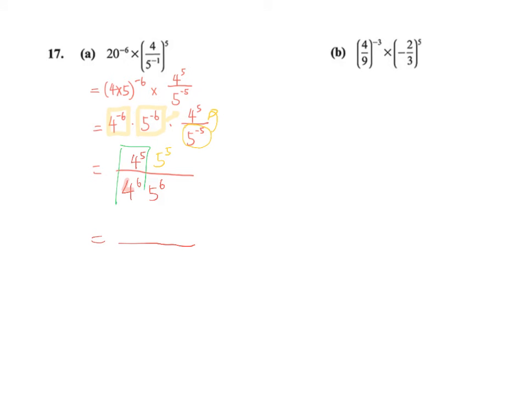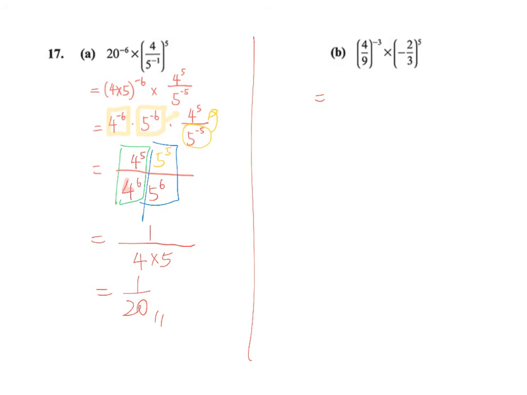These two have the same base, so I can simplify them. So I will have 4 remaining in the denominator and 5 remaining in the numerator. The numerator has nothing else, so it becomes 1. So the answer becomes 1 over 20. That is for question number 17a. You just make 20 into 4 times 5 and then put back the index, and for any negative index you swap the position. Then you will find the answer.